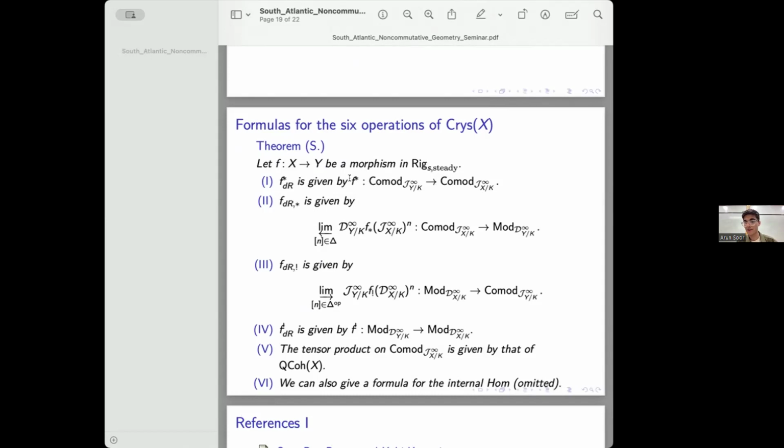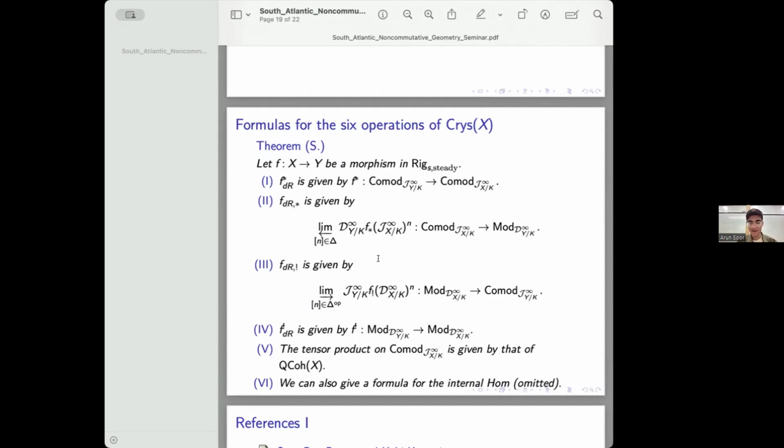So after applying the forgetful functor, it is just the same as F upper star of quasi-coherent things. The F deRham lower star is given by this more complicated formula. So it ends up being more convenient to use one description of the category as the input, and the other description of this category as the target.